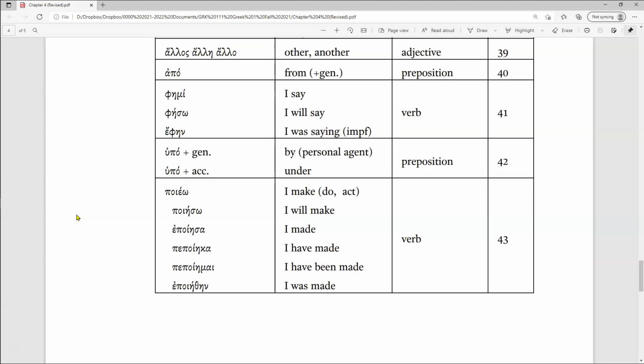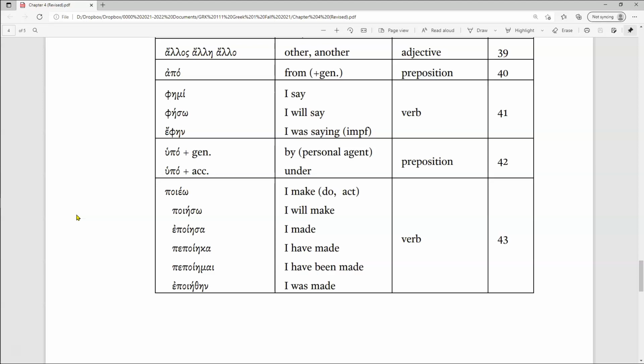Hupo plus the genitive is by. In the sentence, the house was painted by me. Do you know what I mean when I say a passive verb? You know, they tell us in English, don't write in the passive voice. Oh, yeah. Well, in Greek, that's not true.